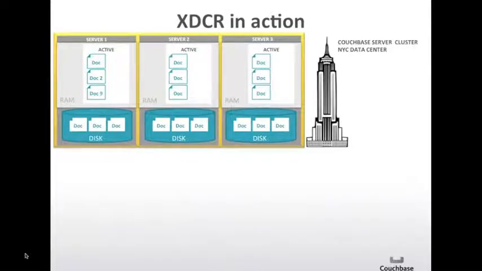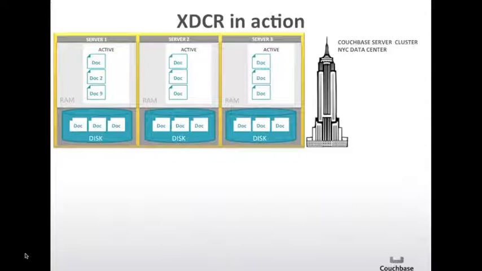So now let's look at XDCR in action, right? As I mentioned before, the main use cases for XDCR are disaster recovery, workload distribution, and also data locality. In this case, let's take an example of data locality, right? Let's say that you're building an application and it's becoming very popular, right?